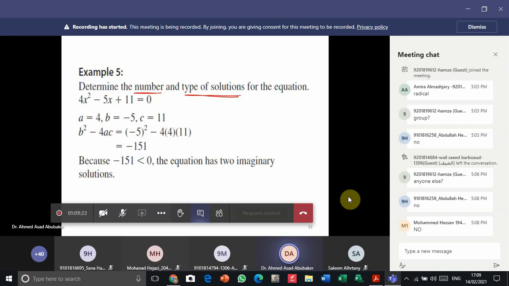Now we must find the discriminant, b squared minus 4ac.